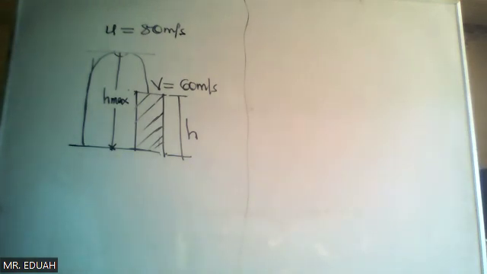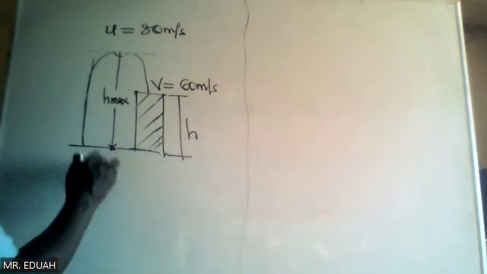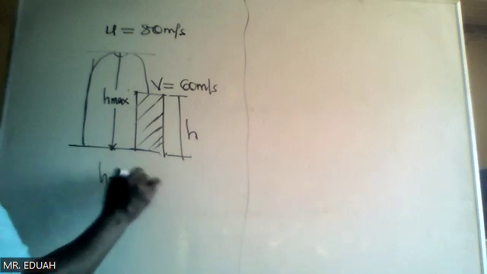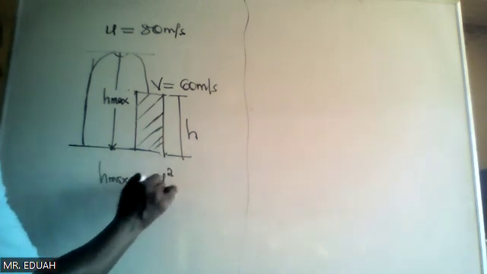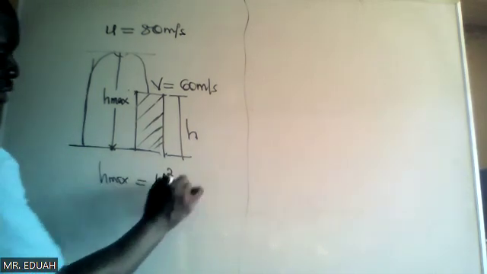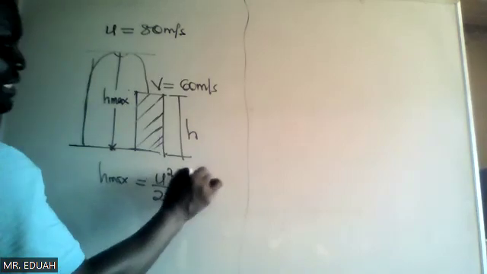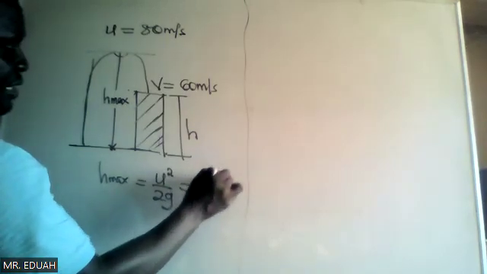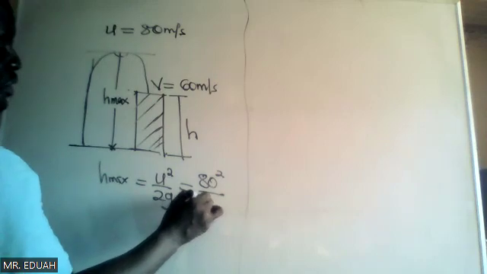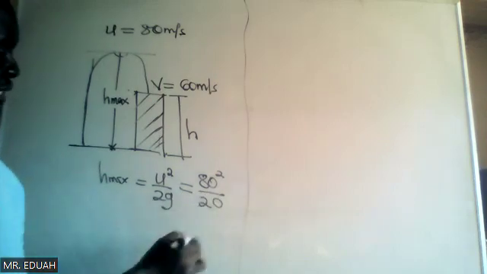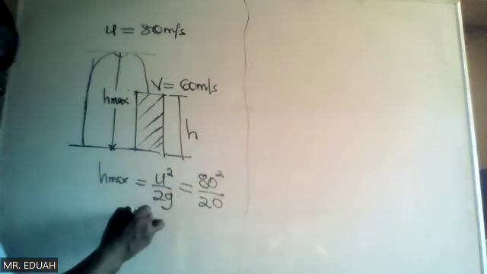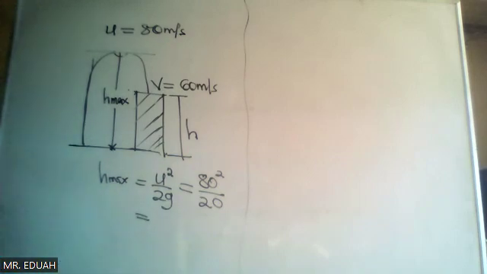U squared over 2G. So we have 80 squared divided by 20. Okay. So what is 80 squared divided by 20?